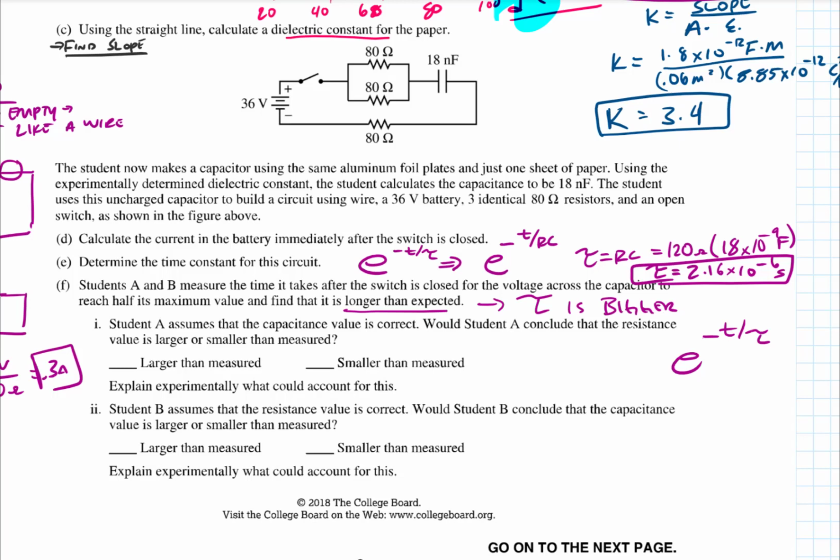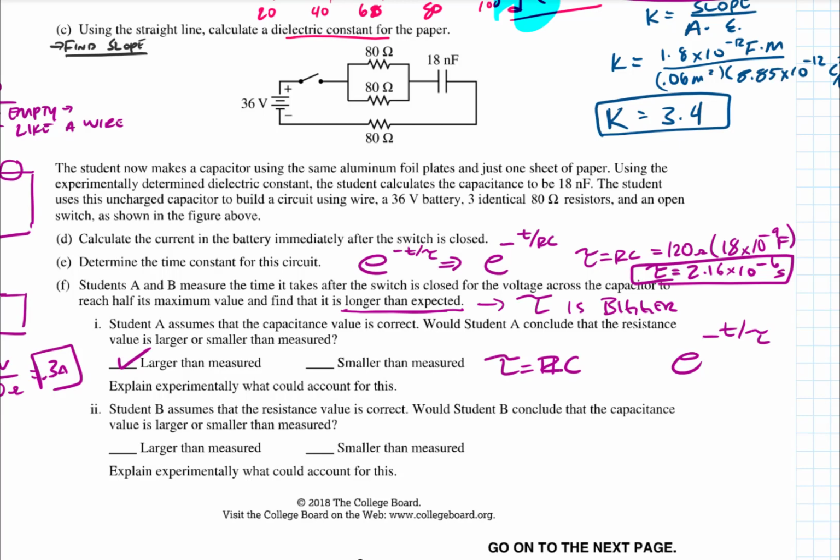So the slower it takes. So if it takes longer to get to half the voltage, that means tau is bigger. And since tau is equal to RC in this case, if the C is correct, then R would be larger than expected.